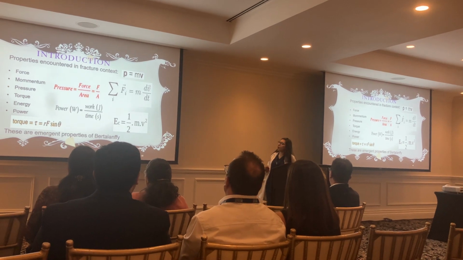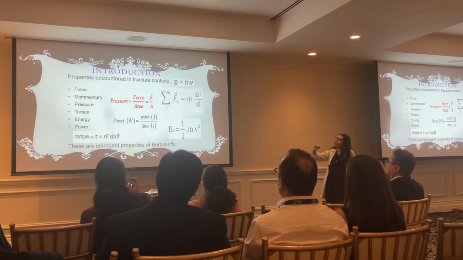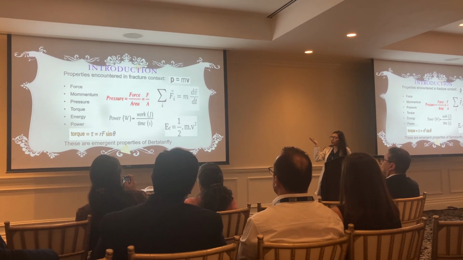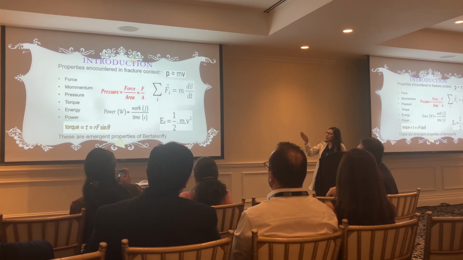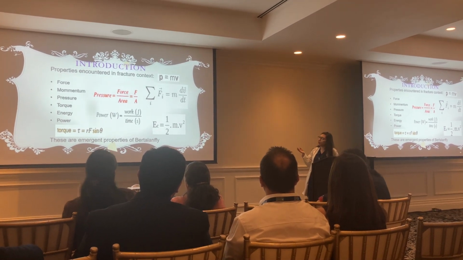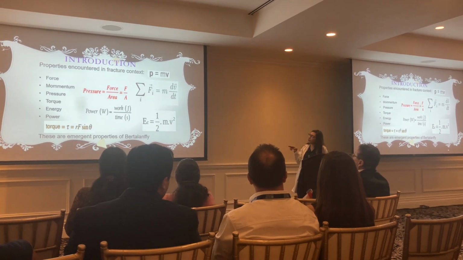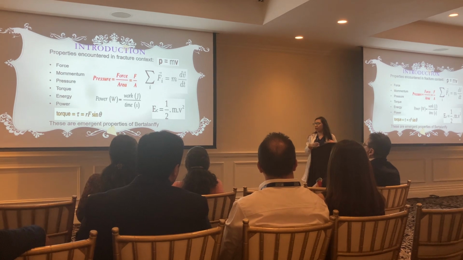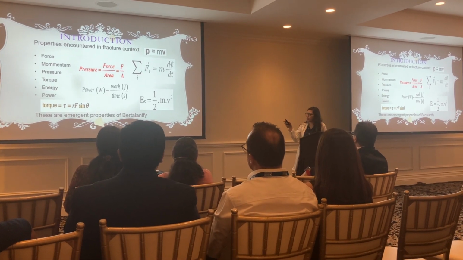For example, force or pressure: pressure is force divided by area, and we have a new property. So pressure is an emergent property of Bertalanffy, and when we combine, for example, pressure and energy, which are both emergent properties of Bertalanffy, we have a meta-emergent property of Bertalanffy. So we're going to go through this.